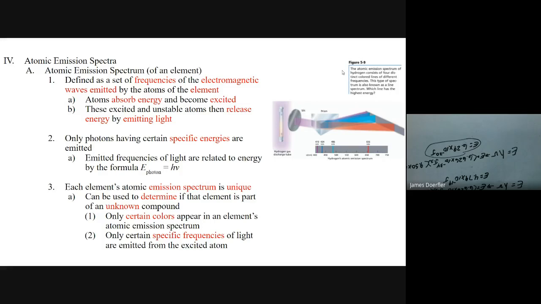So you'll see that there is not one element that is like another. So we can use this emission spectra, since they are unique to each element, as a means to determine what an unknown substance is, or substances if it's in a compound. Because only certain colors will appear in the element's atomic emission spectra, and only specific frequencies of light will be emitted from a specific element's atoms.